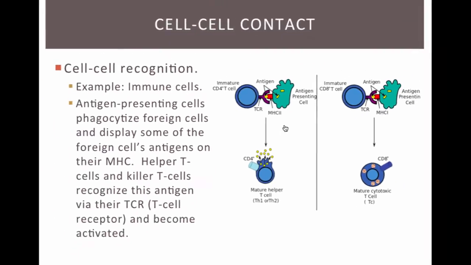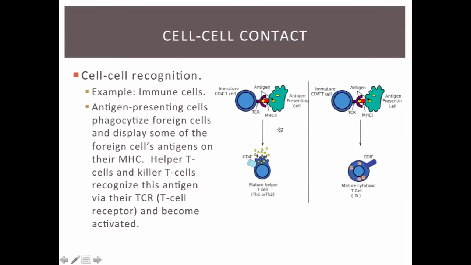Helper T cells and killer T cells, which are other types of white blood cells, recognize antigens only when they're displayed on the antigen-presenting cell's surface via an MHC trophy case. The T cells will use their T cell receptor to bind to the antigen that's displayed on the MHC2. So they'll hook together on this antigen, but only if it's attached to an MHC2, and it will become activated. This activated T cell then helps out with something known as the adaptive immune response.